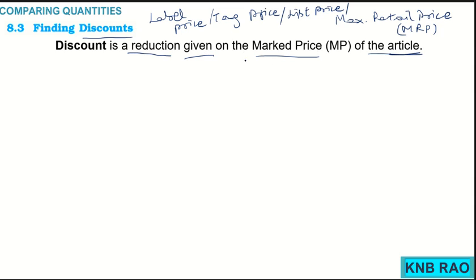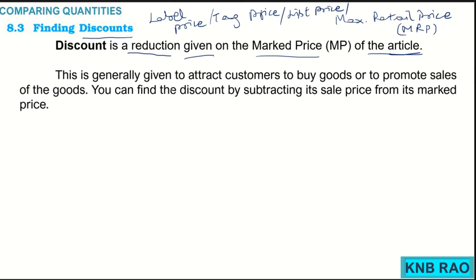Remember children, over that this discount is given, which will be reduced, generally given to attract customers. Remember, this is generally given to attract the customers to buy goods or to promote sales of the goods.